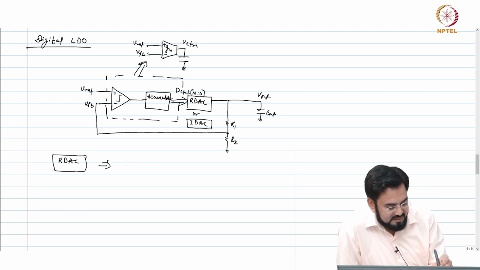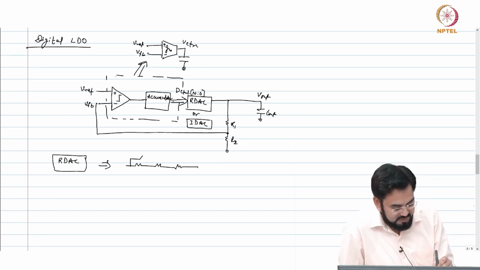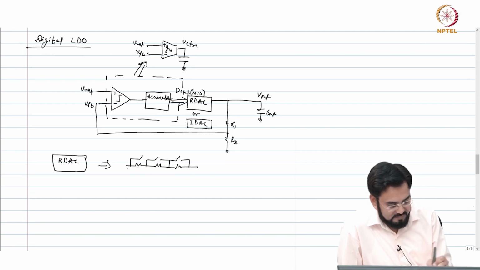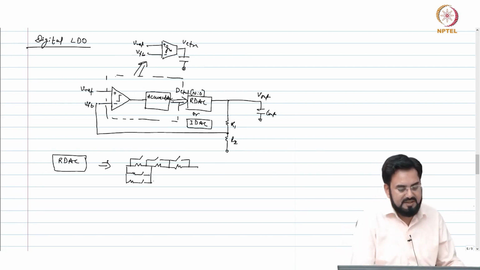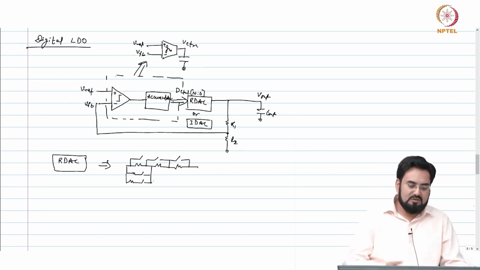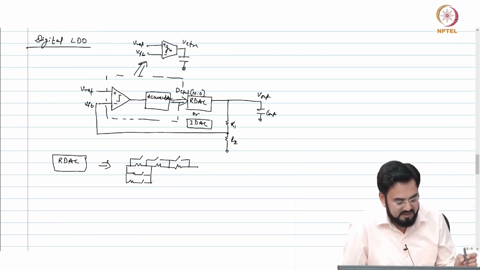Your RDAC is basically, so you have switches, and you can have a parallel combination also, or you have an R2R DAC. I am just drawing a very simple one. Depending upon whether you want to reduce or increase, you connect in series or parallel and you can increase or decrease.